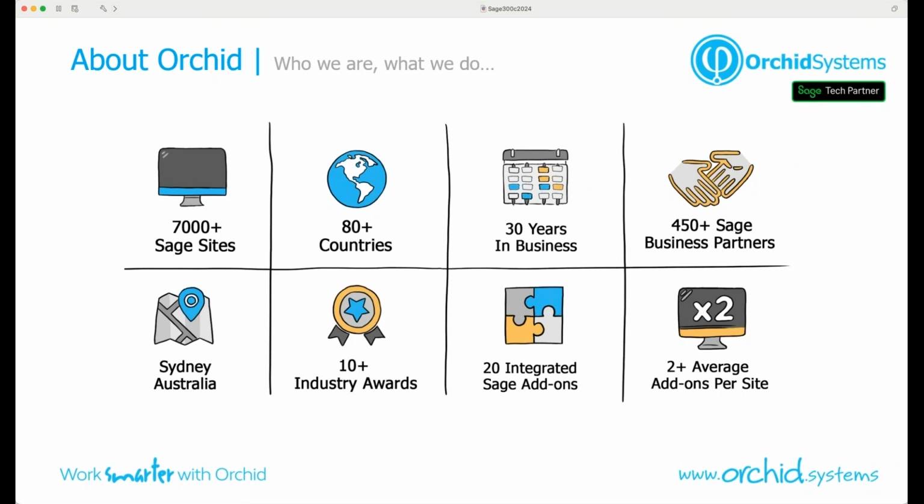So from your point of view, it's not like you're having to learn a new interface or have your security defined in a different way or have to back up another database. It's all 100% integrated in your Sage 300 company, and for all intents and purposes works exactly like a core module from Sage. And that's really what I had to discuss with you.